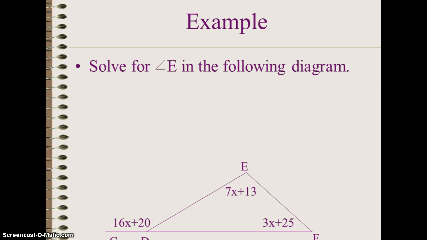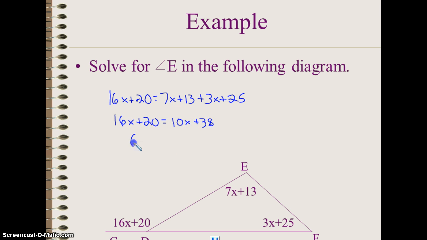So as a quick example with this, we have an exterior angle here, 16x plus 20, and these are the remote interior angles. And I want to find the measurement of angle E. So my equation is going to be the exterior angle equals the sum of the remote interior angles. When I put these together, I get 16x plus 20 on this side still, and on the other side, I get 10x plus 38.